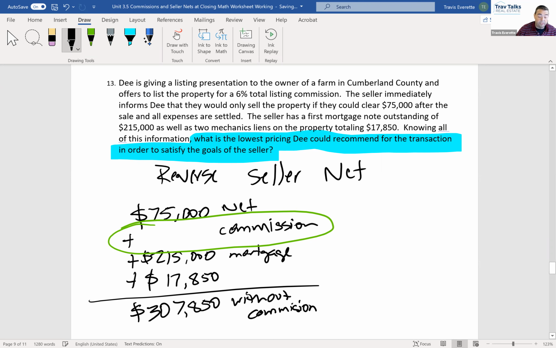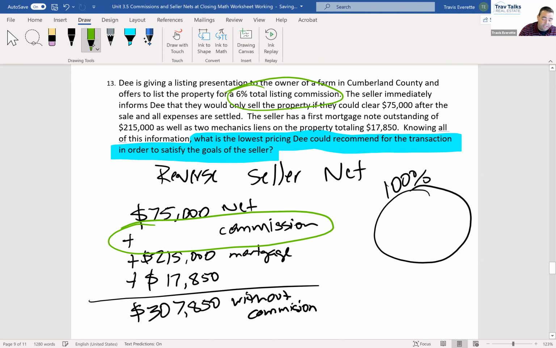And they didn't ask us about without commission. What they said is how much they need to sell the property for, period. So that's where we've got to think about the whole pie. And remember, the whole pie is 100%. The seller would like to eat 100% of the pie, but they don't get to because they gave away a slice. They gave away a 6% slice, which means the seller is keeping a 94% slice.